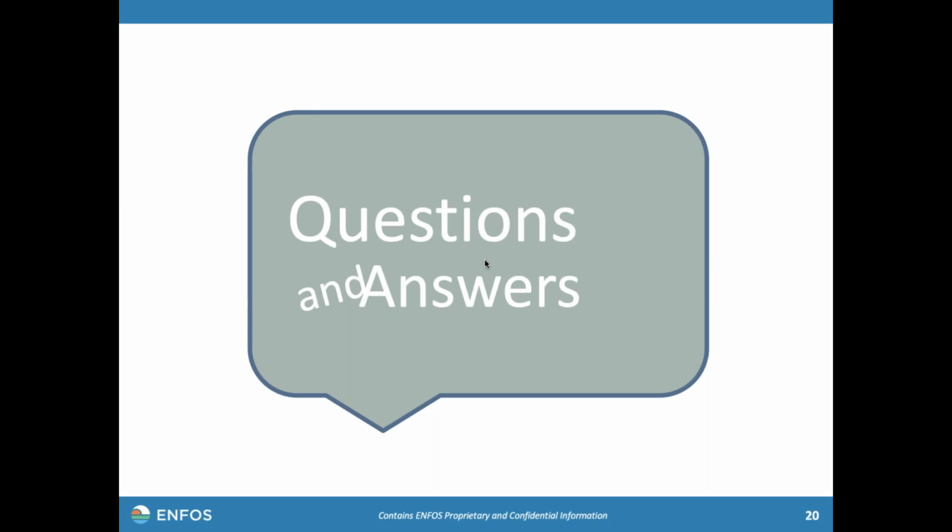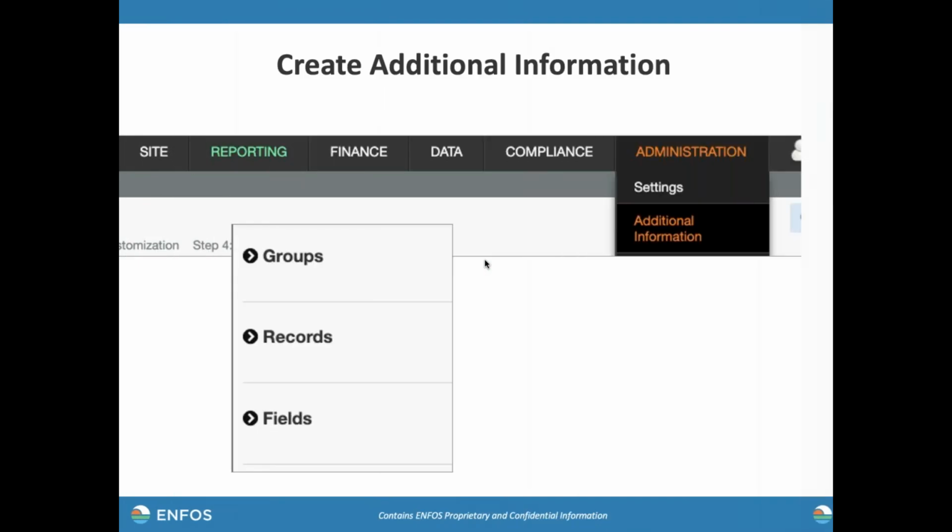Got one more question here, Tori. All right. In the import format for the site custom fields, I can pull out the template, but where can I find the valid values? Yeah. Let me scroll back here.